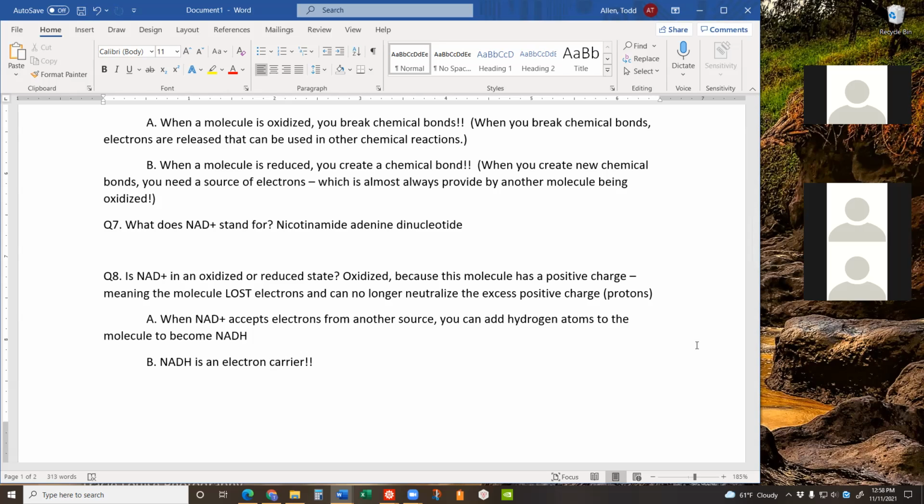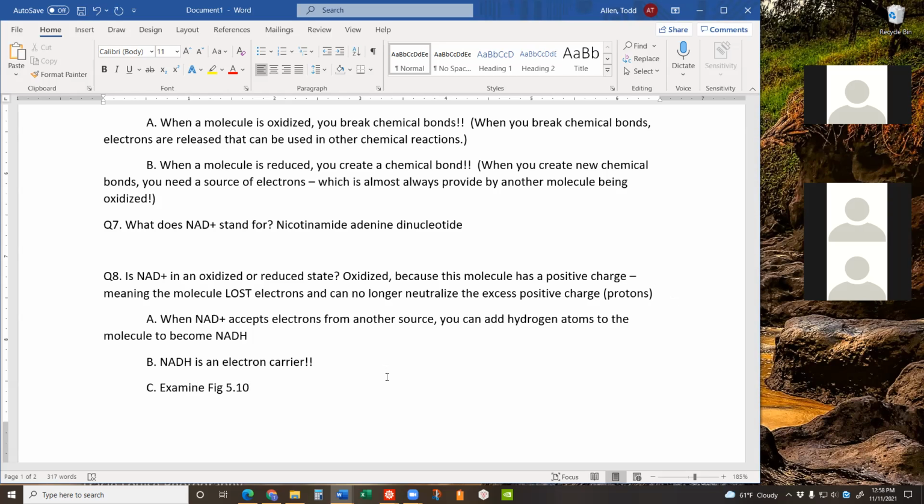Take a look at figure 5.10 in your textbook. Figure 5.10 would be relevant here. Examine figure 5.10 and notice, if I read that chemical equation starting on the left, we start with an organic molecule.